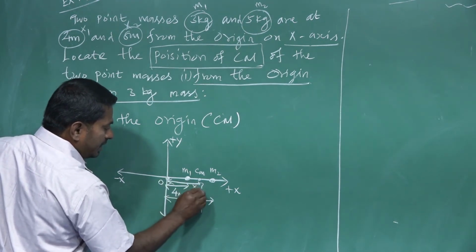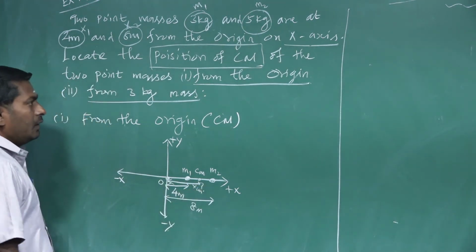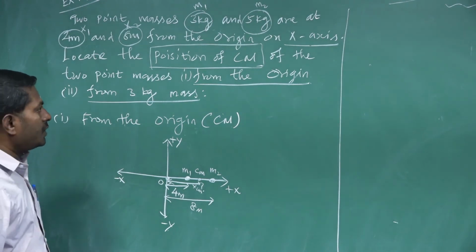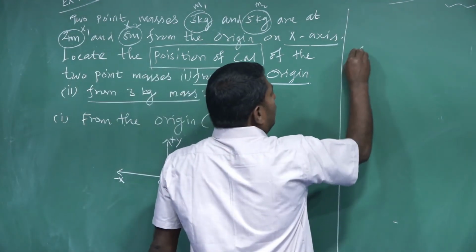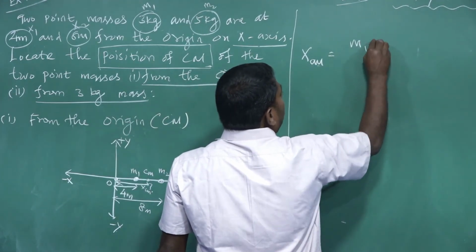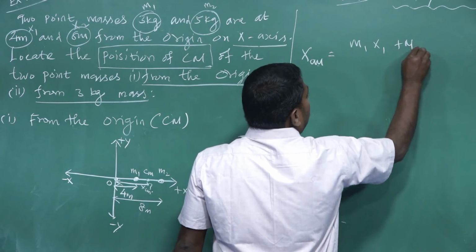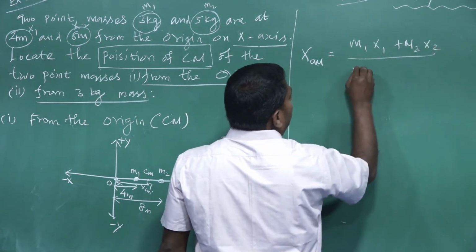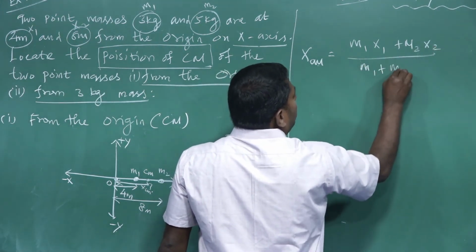What is the XCM? Already we know the equation, XCM is equal to m1 x1 plus m2 x2 divided by m1 plus m2.